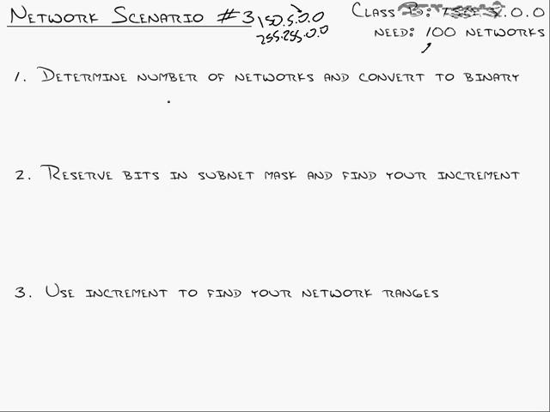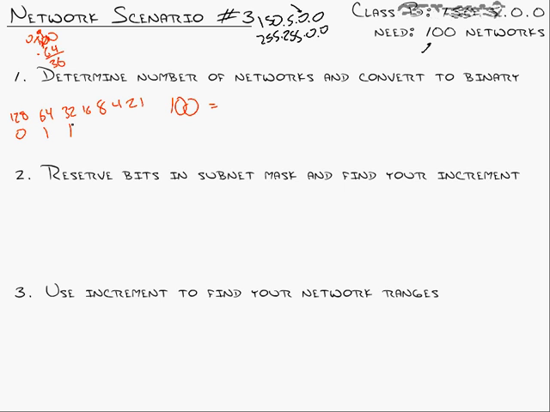So the process is the same. Number 1, determine the number of networks and convert to binary. 100 subnetworks, right? That in binary, let me just write up our chart: 128, 64, 32, 16, 8, 4, 2, 1. So we convert it to binary, there's 0, we can't subtract 128, so our first one goes right there. 100 minus 64, remember on Cisco exams there are no calculators, so that'll be 36, right?